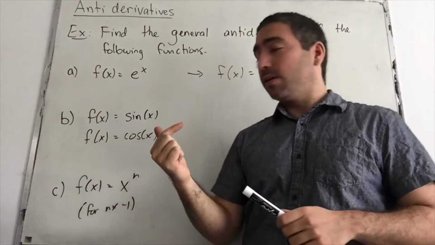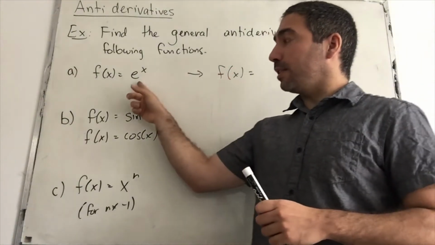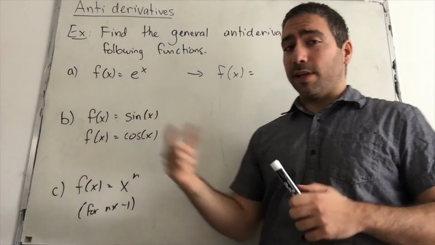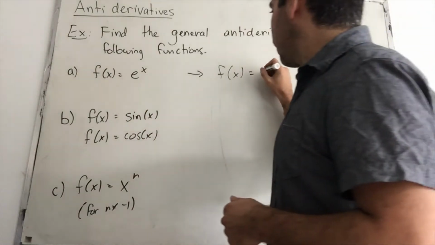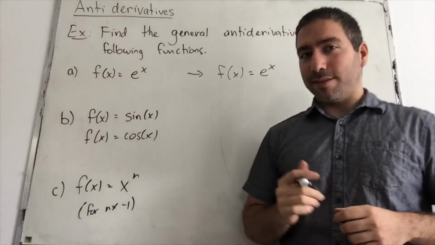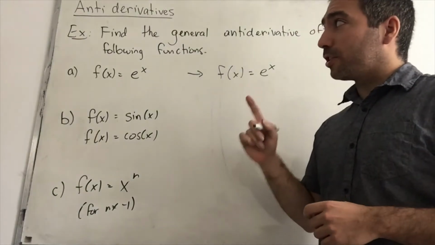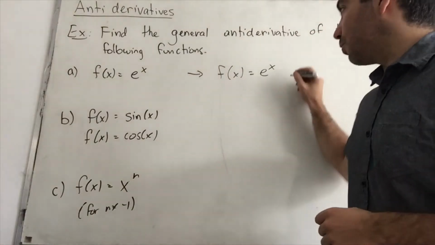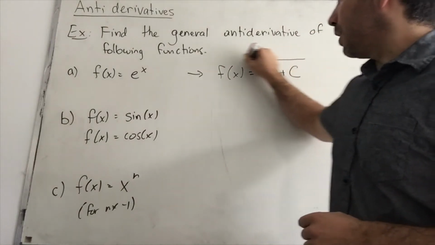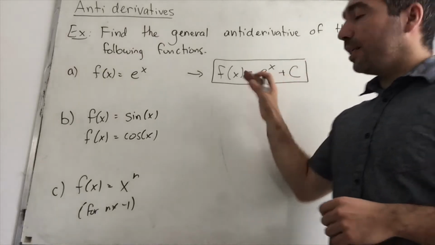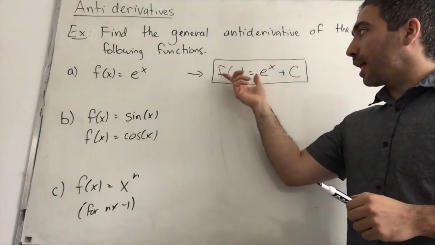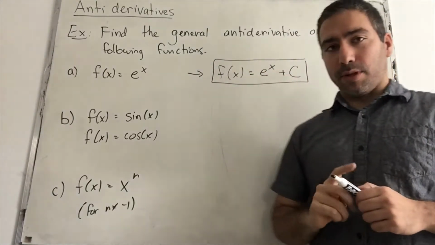If we go backwards now, the derivative of e to the x is e to the x. That means the antiderivative of e to the x is still e to the x. So if you said that, good job. But it's wrong. It's not e to the x on its own. Remember the theorem that we just saw, you have to add a constant. Don't forget the plus c. Okay, so the antiderivative in its general form is capital F of x equals e to the x plus c.